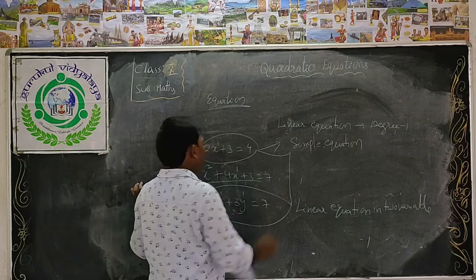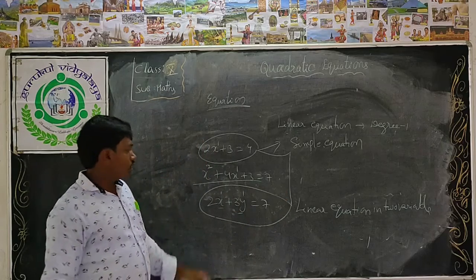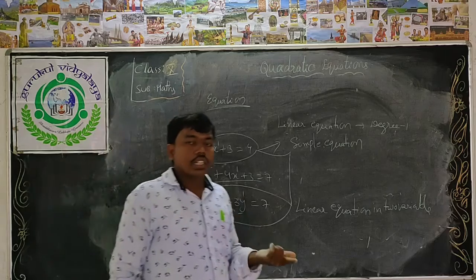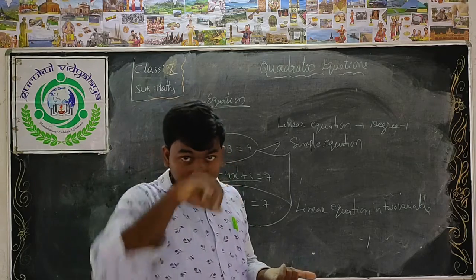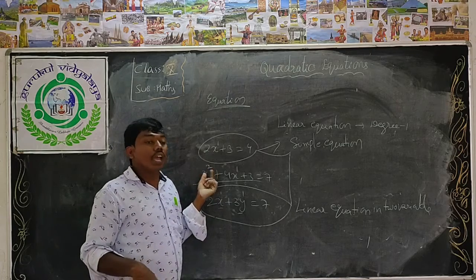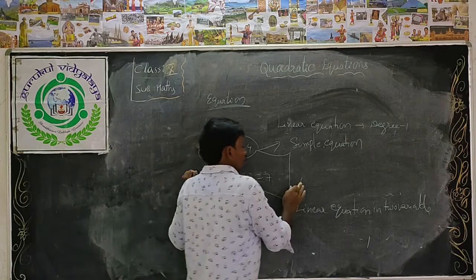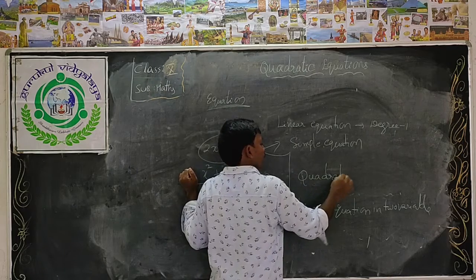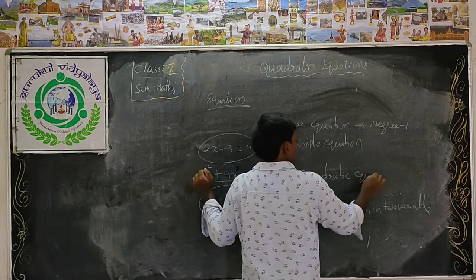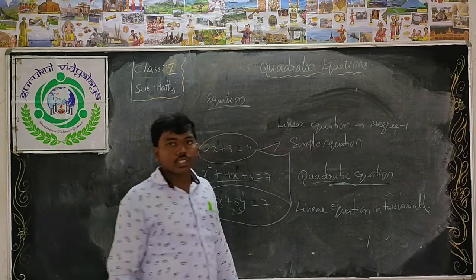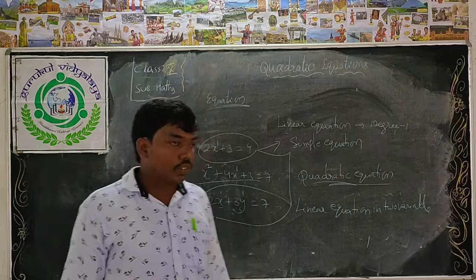Here only one variable, but the degree is 2. Degree 1 is called a linear equation, and degree 2 is called a quadratic equation.